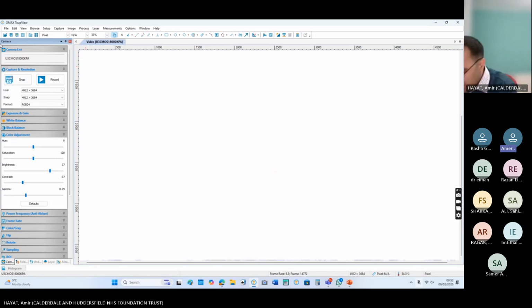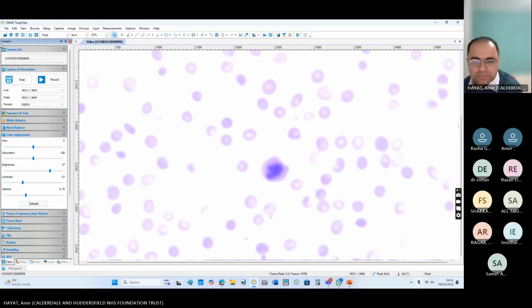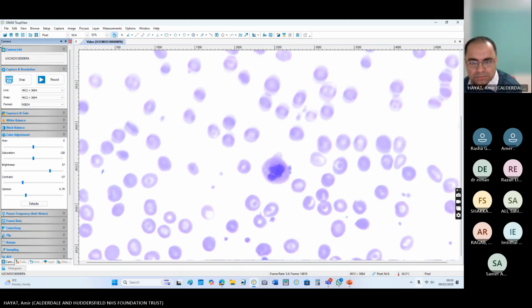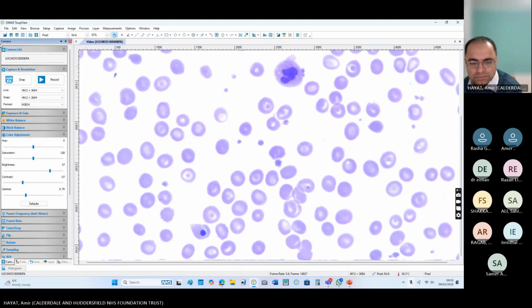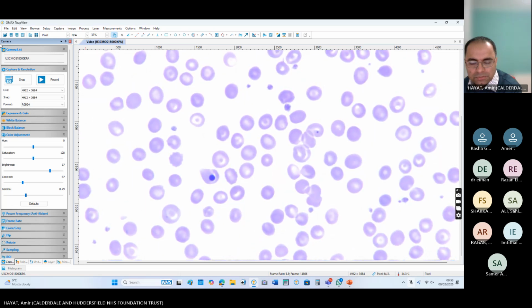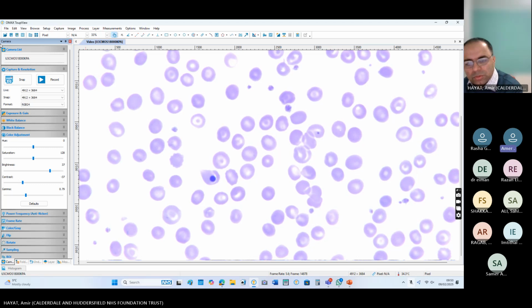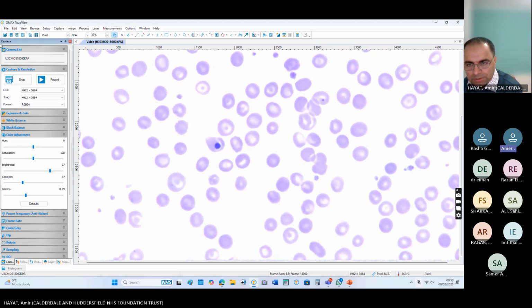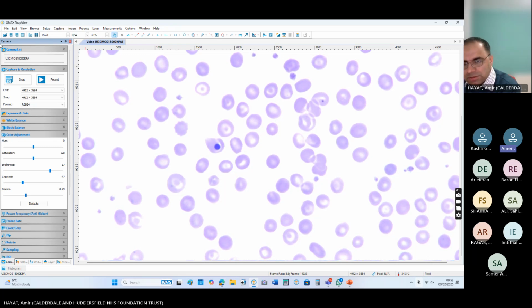Now let's go to power 50. So what abnormality do you see in this blood film? And does it correlate with the patient's abdominal surgery or not?